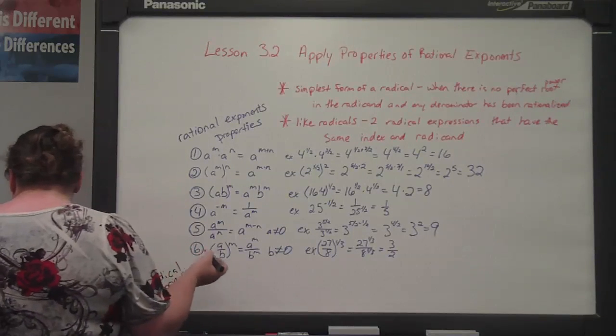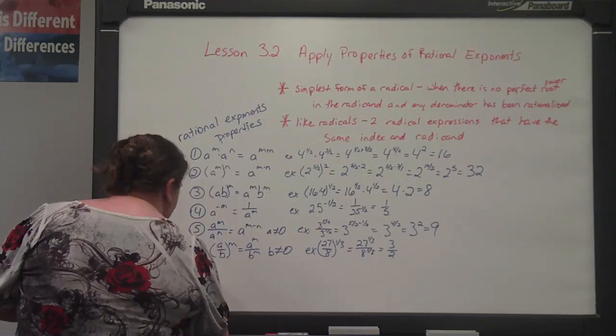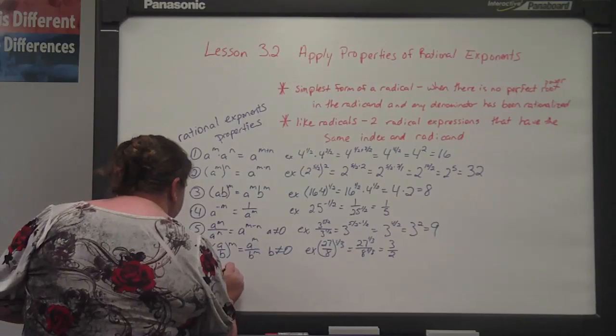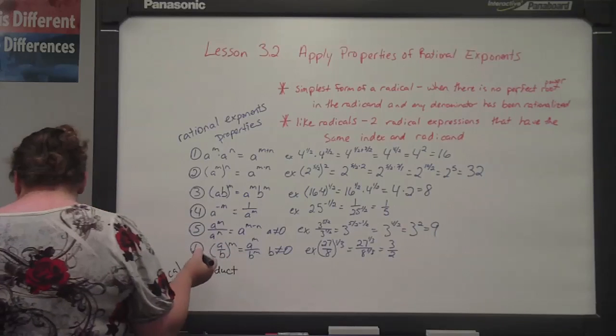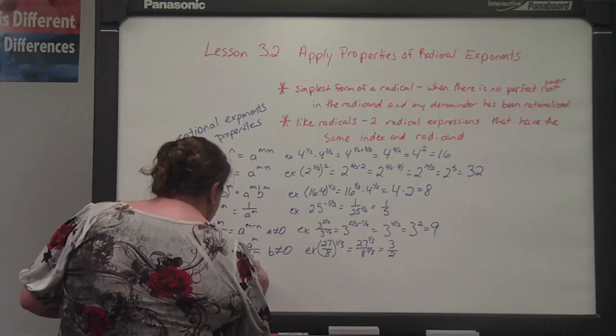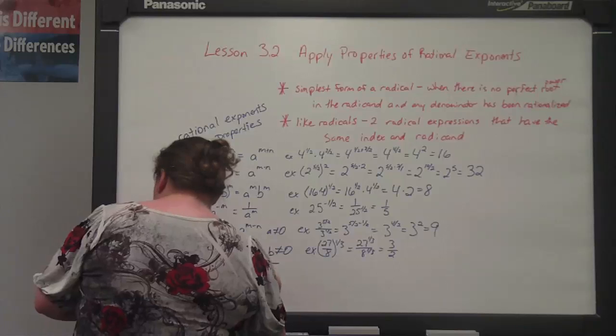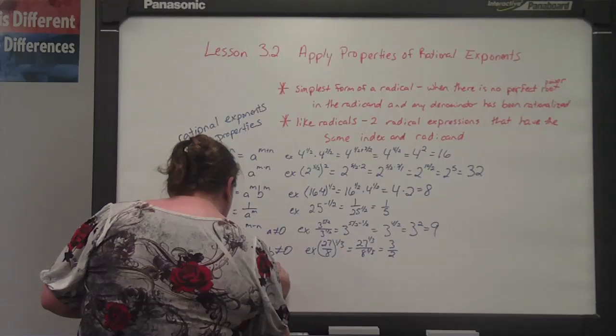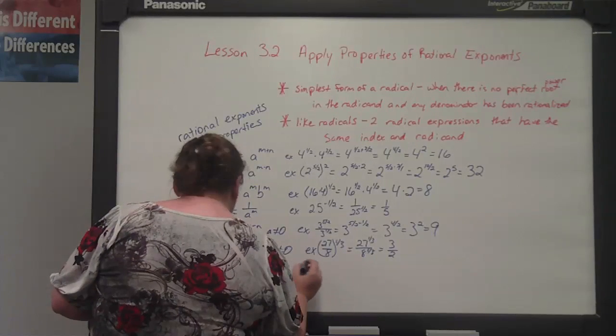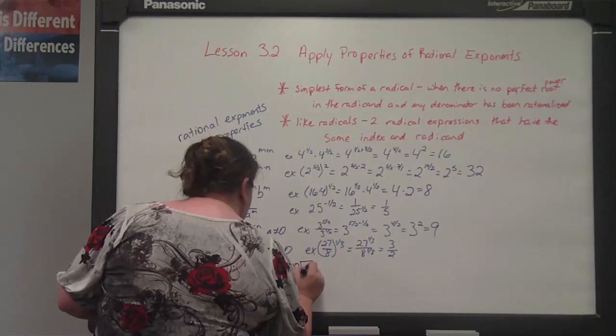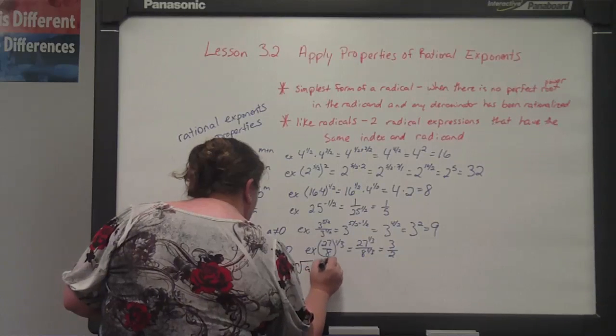And the radical properties, and this is for the product, we have the nth root of a times b is equal to the nth root of a times the nth root of b.